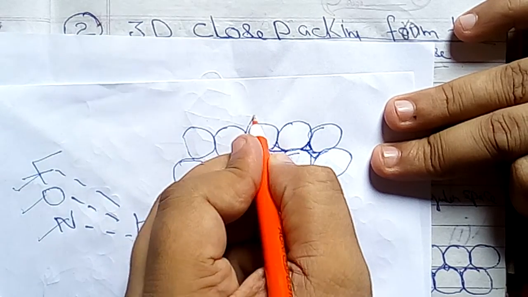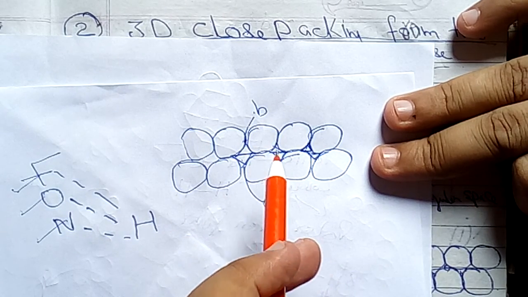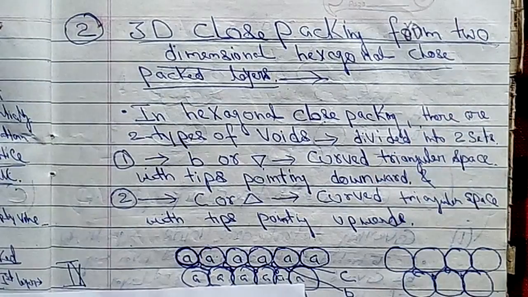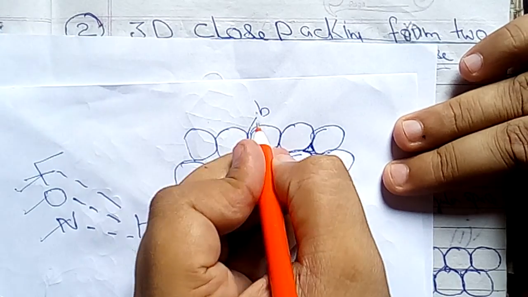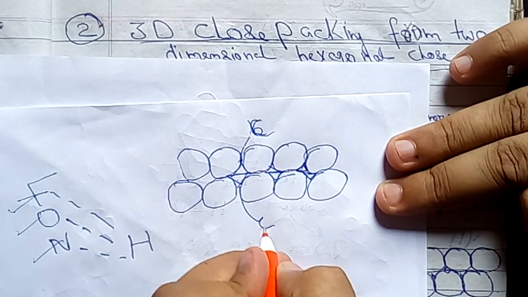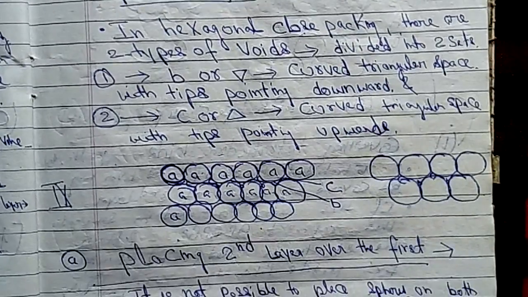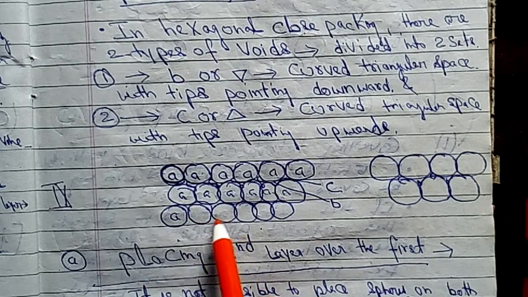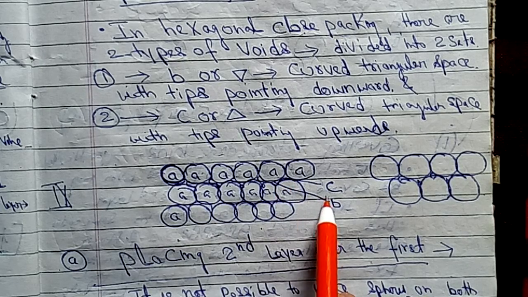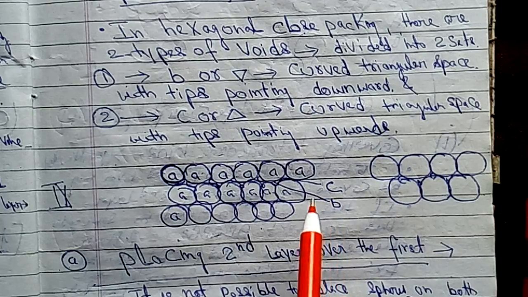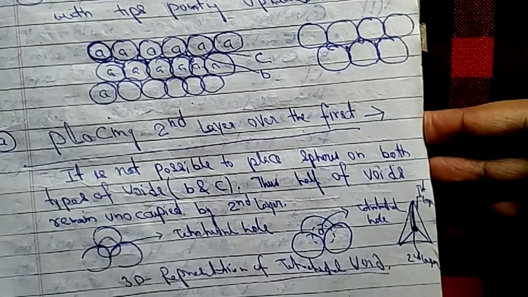Pointing upward is called C and pointing downward is called B. Same here, see, so B and C types of curved triangles are present. Pointing downward is called B and pointing upward is called C, which is shown here. Now we are going to proceed with how the arrangement will be made and how they are being placed.